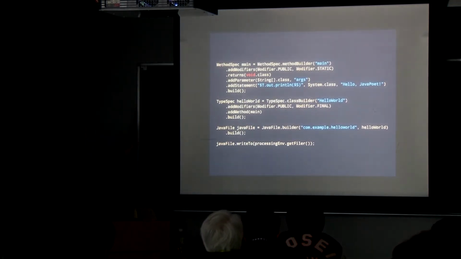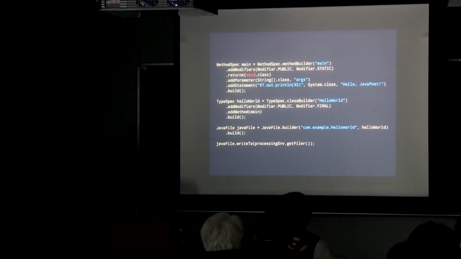This is a Hello World example for JavaPoet. As you can see, it's a very fluent API, so you keep building your classes and methods. So you define a method, in this case, main. You say that it's public and static, and then it returns void, and then it accepts an array of strings, and you add a statement inside that just says, hello JavaPoet.